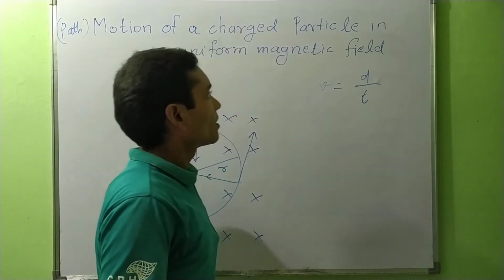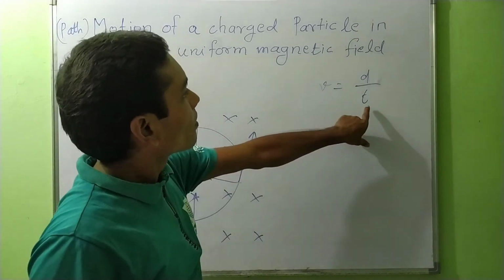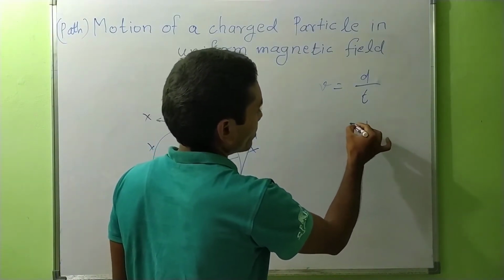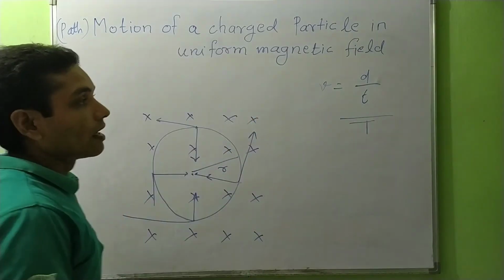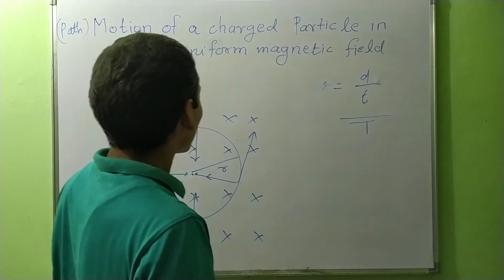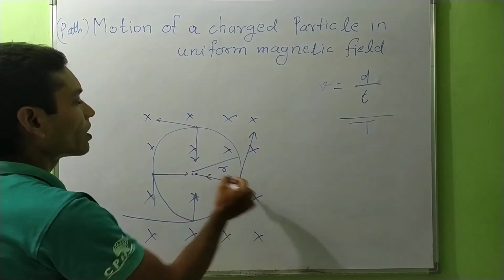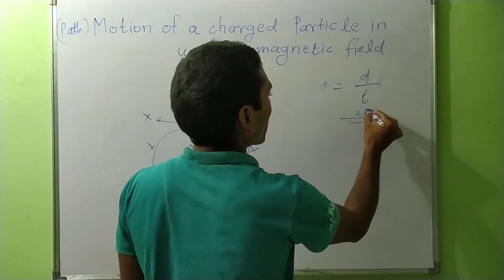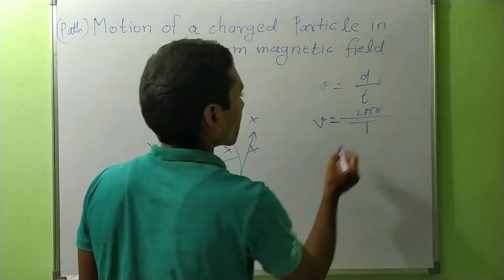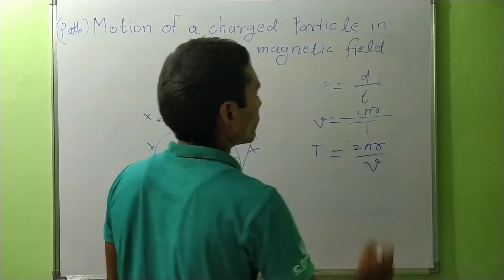From this equation, the time taken by the charged particle in completing one cycle will be equal to the time period, denoted by capital T. And the distance covered in one complete cycle will be equal to the circumference of this circular path. So it will be 2 pi r, and this will be the velocity v. From this equation, T or time period will be 2 pi r upon v.